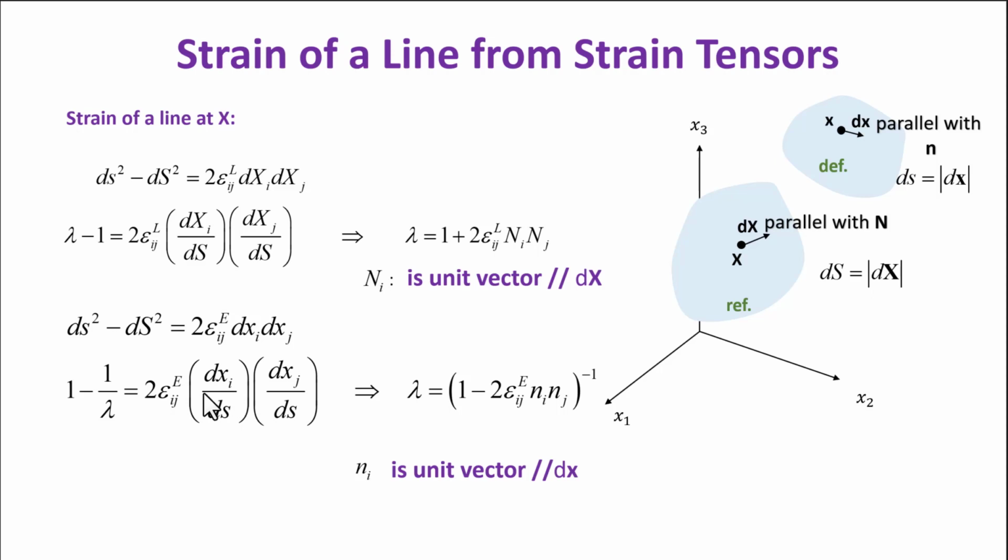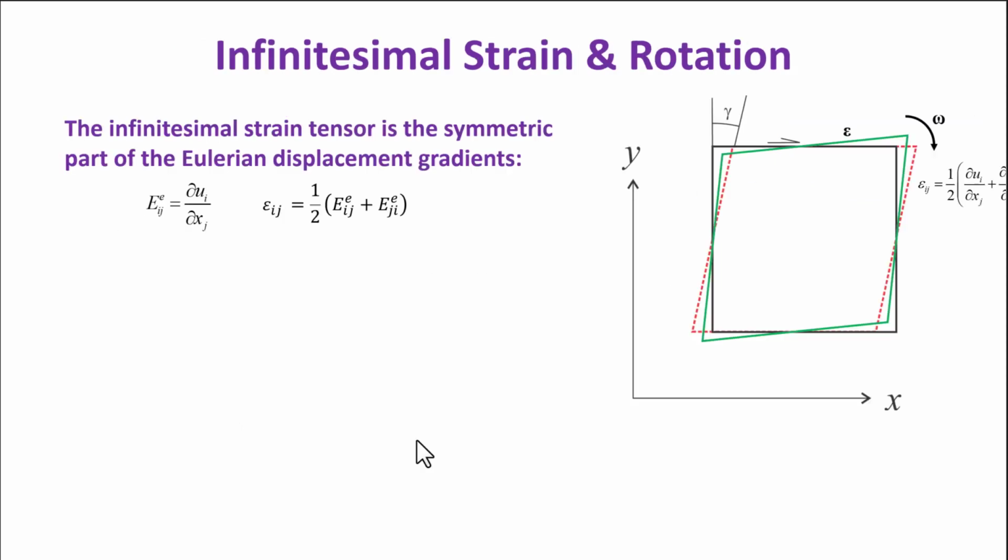Now the terms in the bracket, dxi over ds, are components of the unit vector n parallel to dx. Therefore, we arrive at the formula to calculate the quadratic stretch of any line segment as long as we know their orientation given by a unit vector.